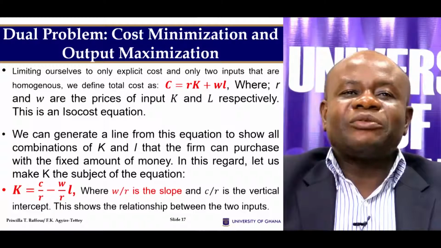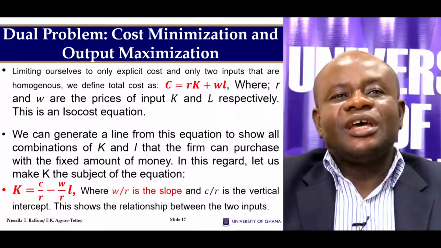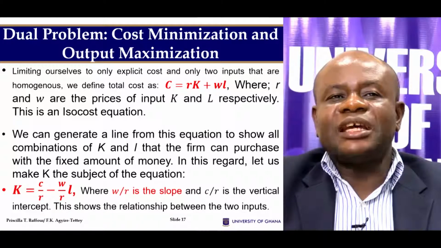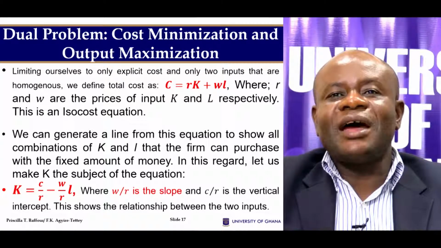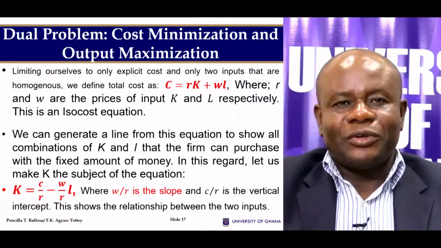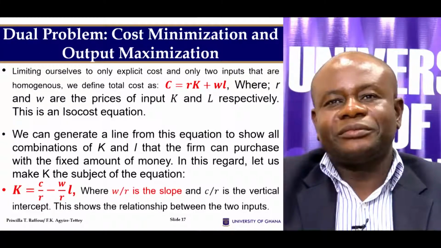So based on that, we can generate an equation, and this equation is what we call the isocost, and it shows you the combinations of labor and capital that the firm can employ given a fixed amount of money or a fixed expenditure.